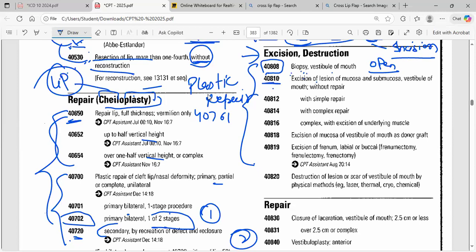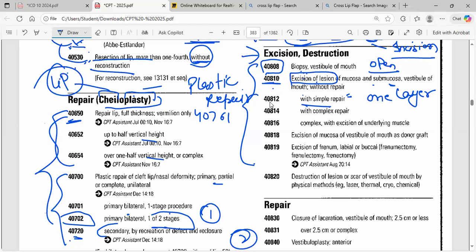40810, excision of lesion of mucosa and submucosa of vestibule of mouth. The lesion has been excised from the vestibule of mouth, which includes the mucosa and submucosa part. Without repair, 40810. If it is with simple repair, that means one layer closure.